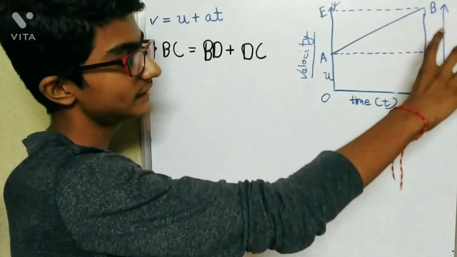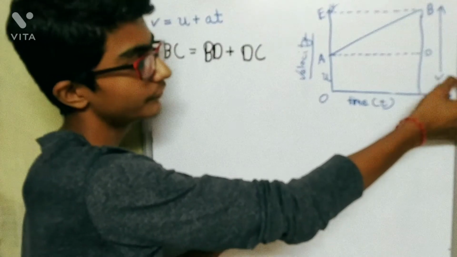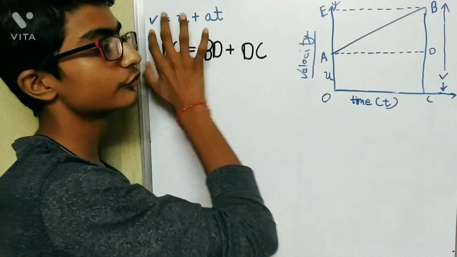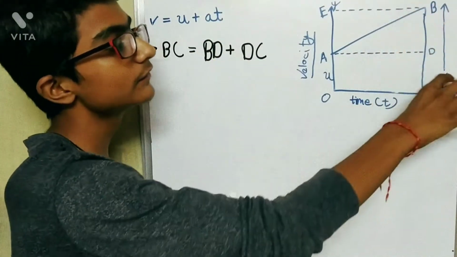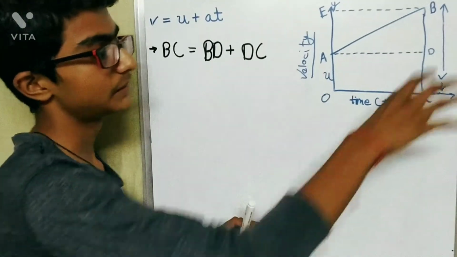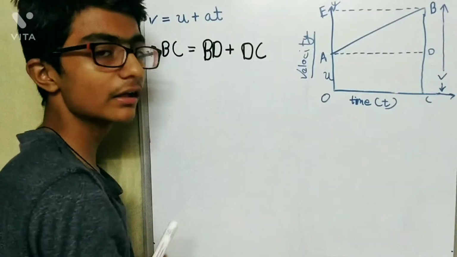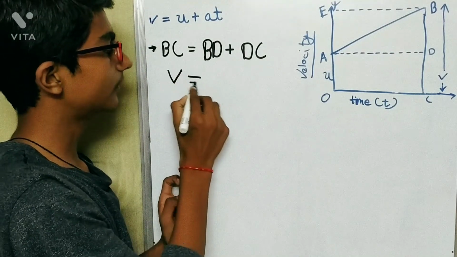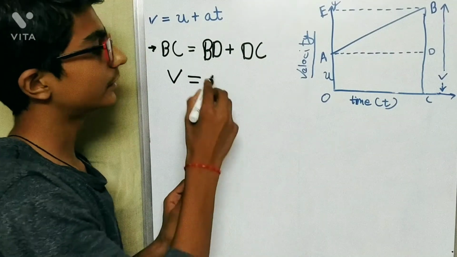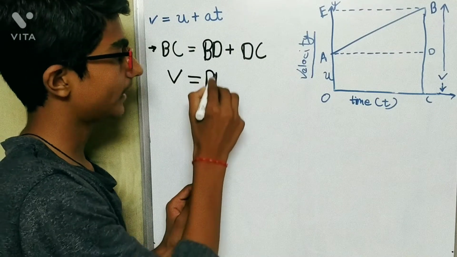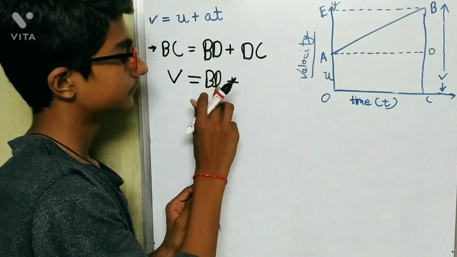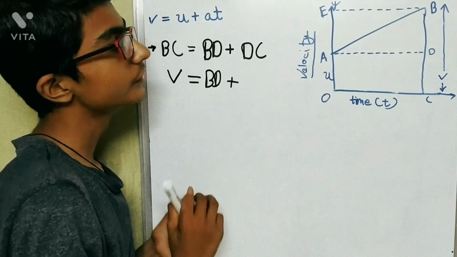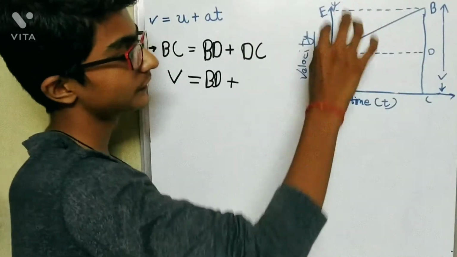So now BC here is final velocity. So we will write here final velocity is equal to BD, which will remain as it is, because there is nothing given here.